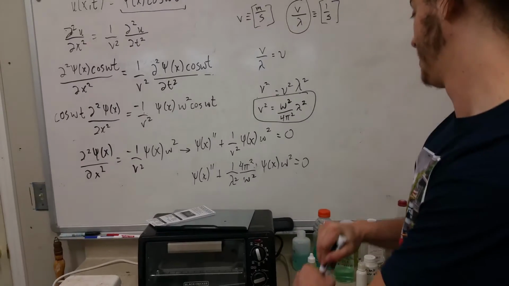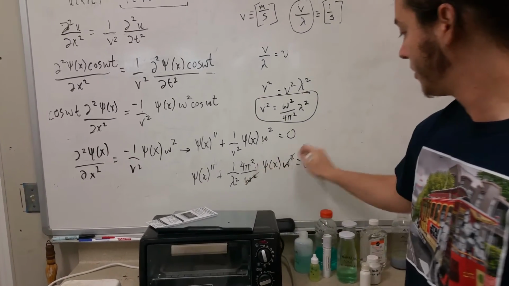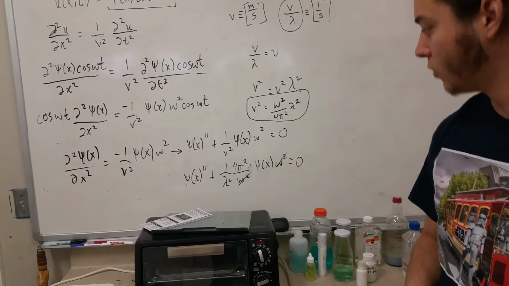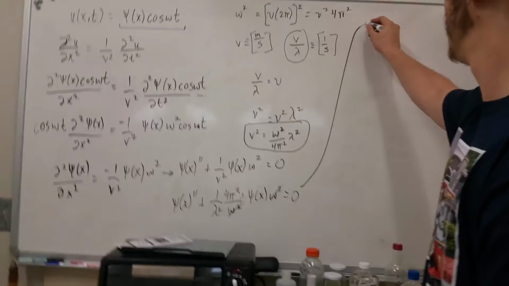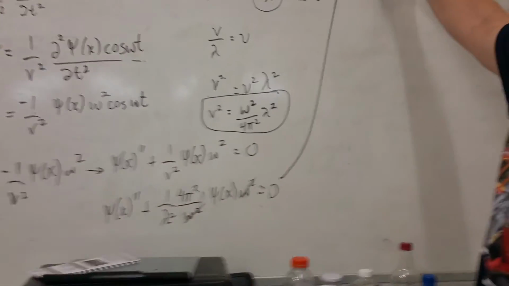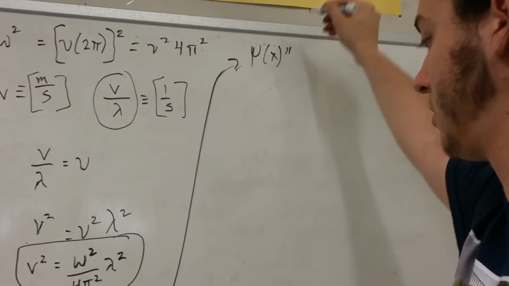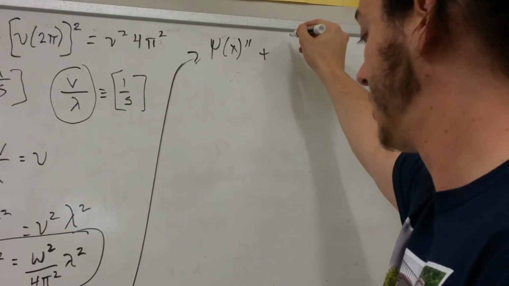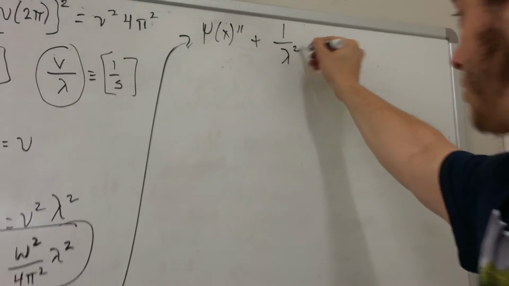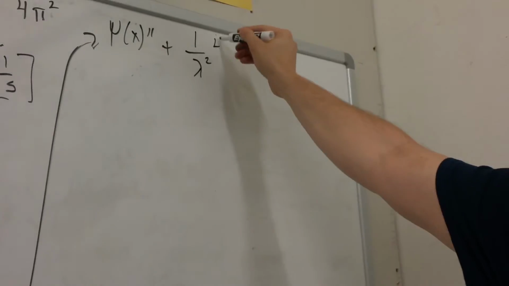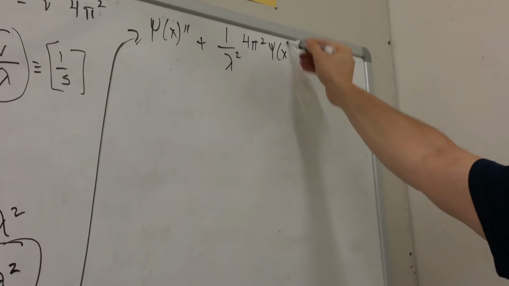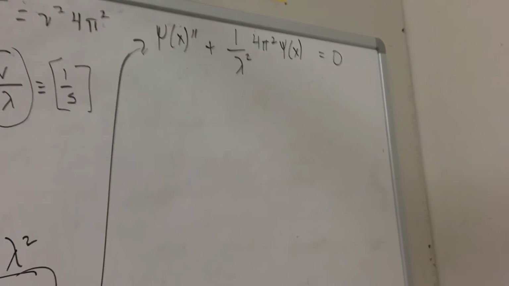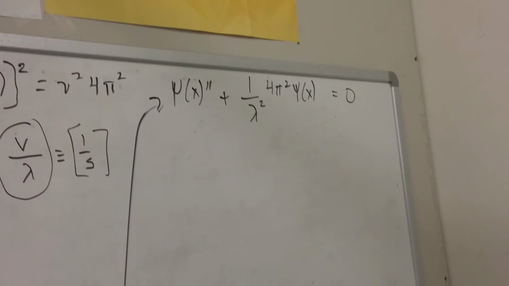Almost there. You can cancel omega squared quite easily right there. It just goes to 1. And now we have a new simplified form. The second derivative of the wave function is 1 over lambda squared, 4 pi squared, psi of x, and that's equal to 0. That sum is equal to 0.